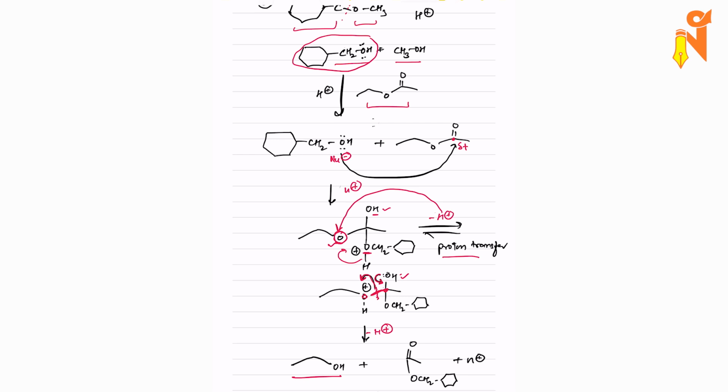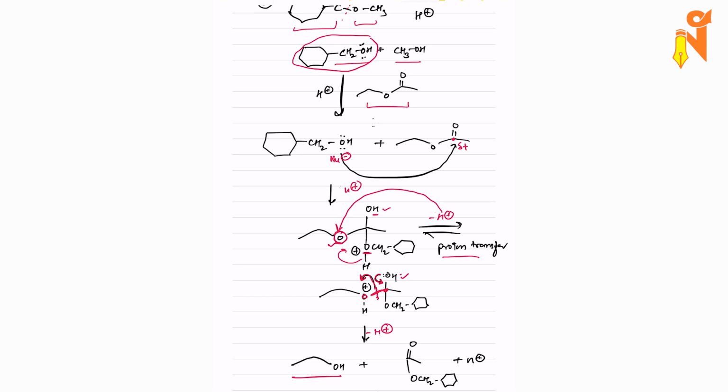Now, one thing I want to tell you is this reaction seems very difficult to happen because it is acid catalyzed. Trans-esterification is preferably base catalyzed. Both can happen, but base catalyzed is much better and much faster than the acid catalyzed reaction. They have expected us to do the acid catalyzed reaction, but base catalyzed is the one which is more efficient, faster and better.